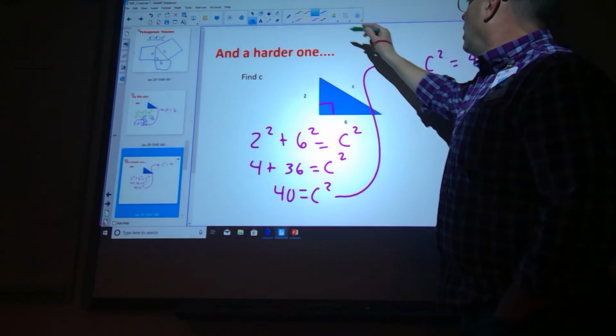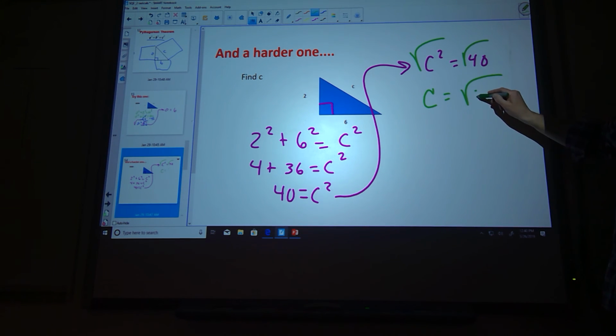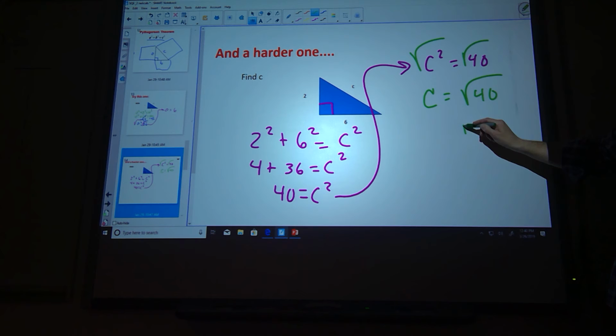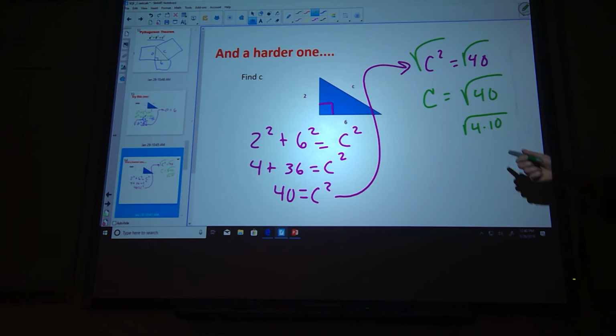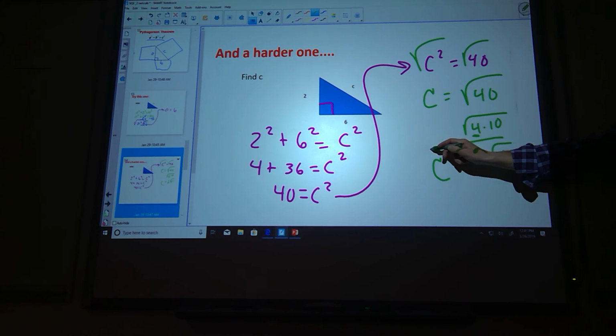If I want to get c all by itself, I want to take the square root of both sides. I think I can break 40 down to 4 times 10. Because 10 is the same thing as 2 and 5, there are no pairs. What's the square root of 4? 2. So c is 2 root 10. Done.